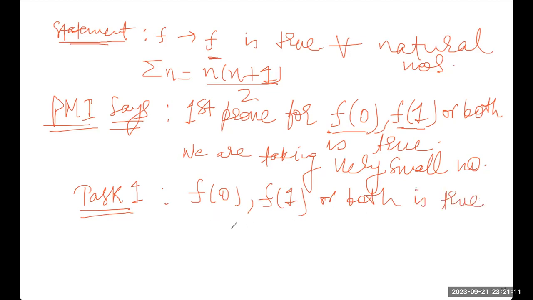This is my first task. After that, there comes the assumption part. When I prove this, then the second thing PMI says is to assume f of k is true.